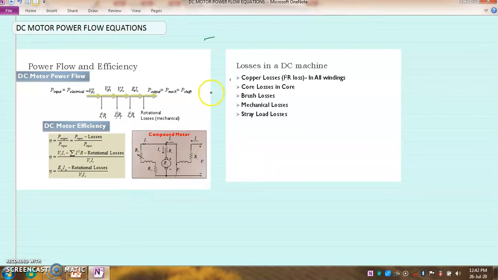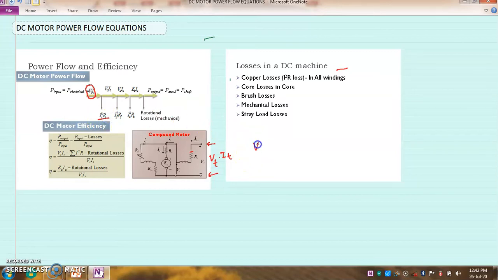From here to here, you can see very easily how much power input there is. On this side the power input is VT, the terminal voltage, multiplied by the current IT. This current IT goes through the series winding, so some loss will be here in this resistance. That loss is IT square into RS, the series winding resistance loss.